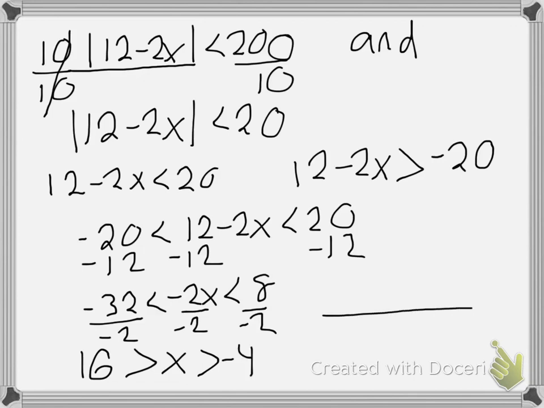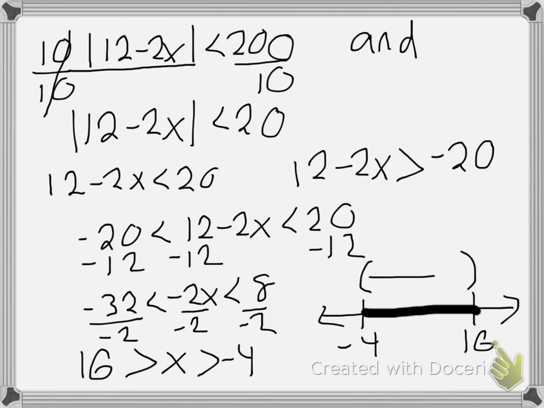Draw my number line. What's my smaller number, negative 4 or 16? Negative 4. The x is still in between it. Okay, so I'm still going to fill in between. And there's my graph. And what do I have? Parenthesis, parenthesis. Fill it in, so that just means I have from negative 4 to 16.